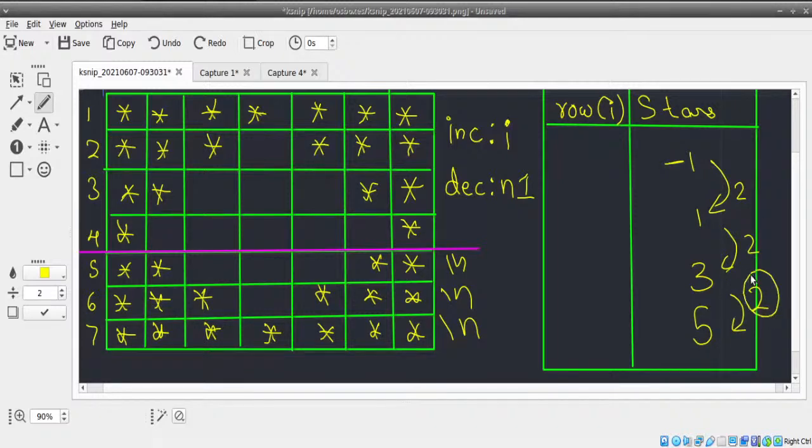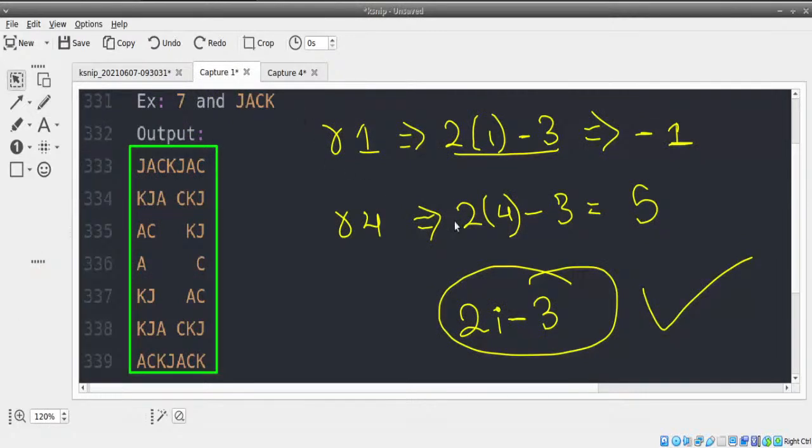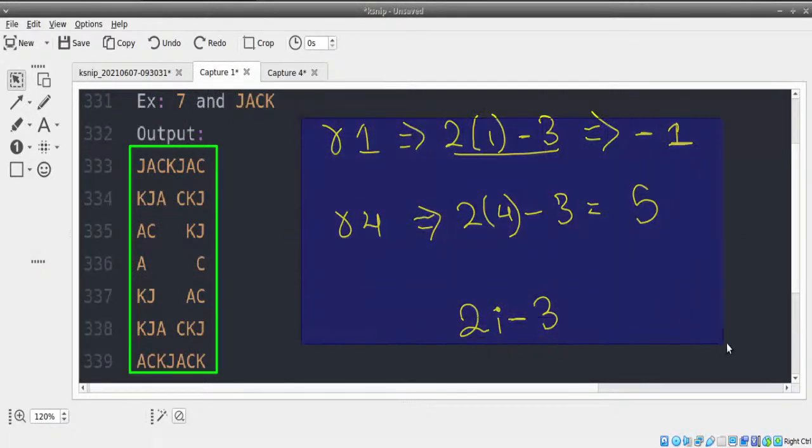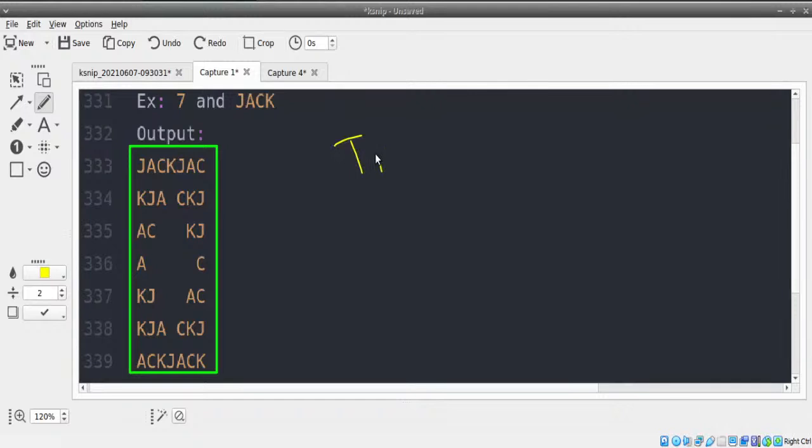Using initial value a as -1 and common difference as 2, we find the ith term here, that is, let me just quickly write it. Ti equals a plus i minus 1 into d, where a is the initial value.